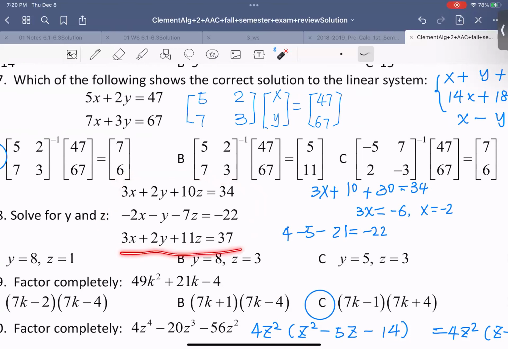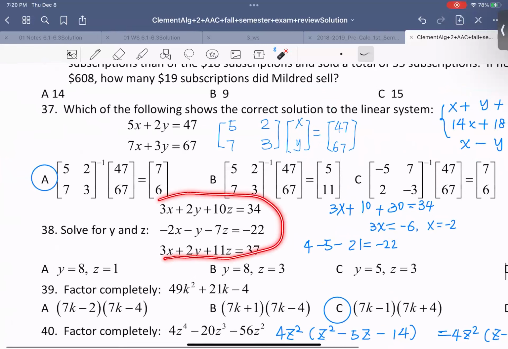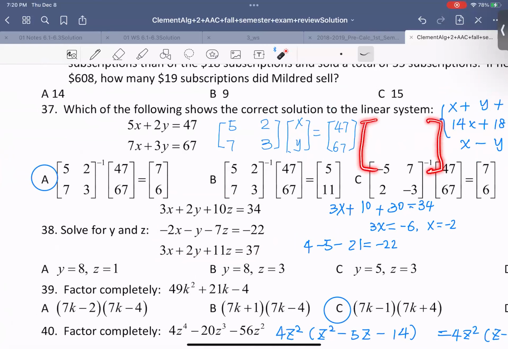Go ahead. The 3 by 3 is you make this corner to be 0 first, and then make this guy 0. And then you want to make this diagonal to be 1, 1, 1.